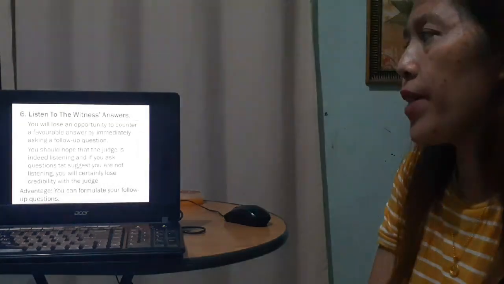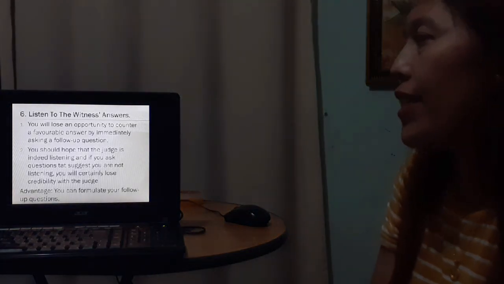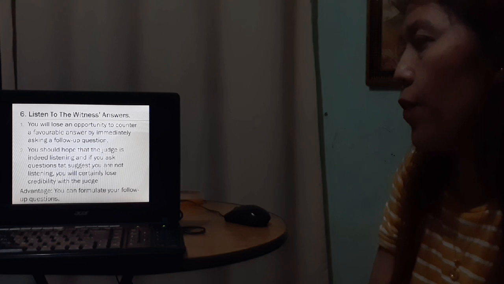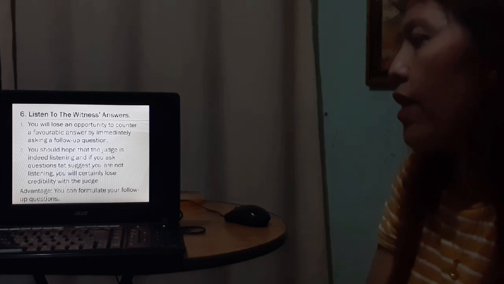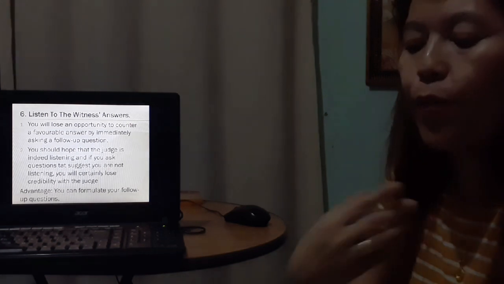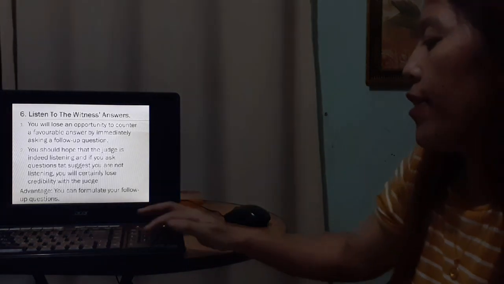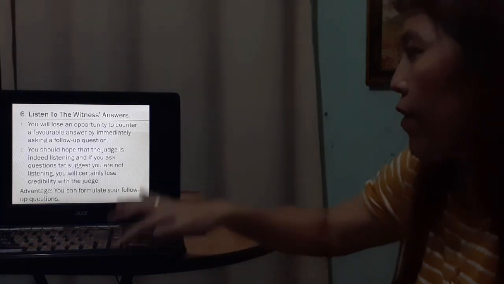So it is very important really to listen very carefully to the answers of the witness. There's actually an advantage for this. You can formulate your follow-up questions. The follow-up questions can be done right at the moment or on the next meeting or the next trial. So that is important for that.